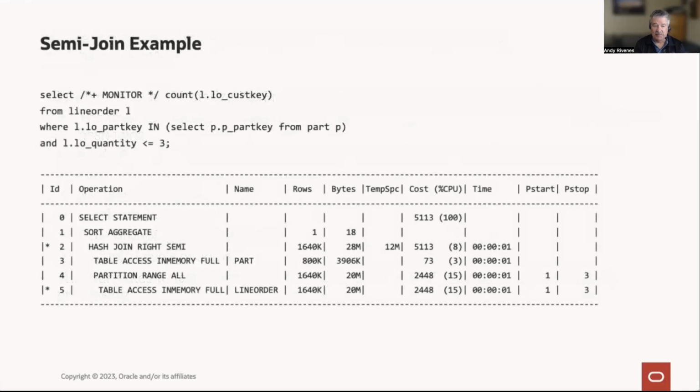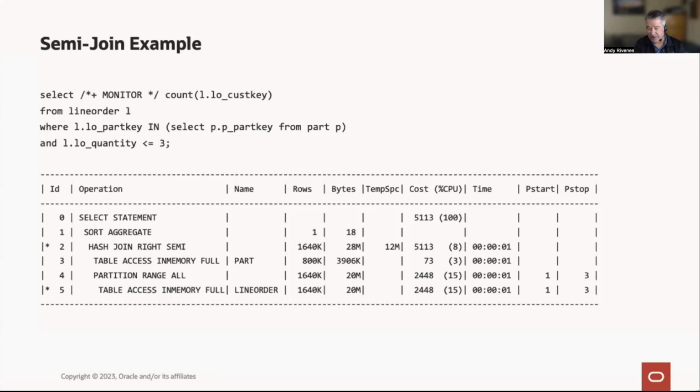I picked a semi-join for this, because I was going through all the different joins as I was doing the research for the blog post. This is the execution plan. Notice we get a hash join right semi, and we're looking at the part table and the line order table, and they're in memory, so we're doing a table access in memory full.